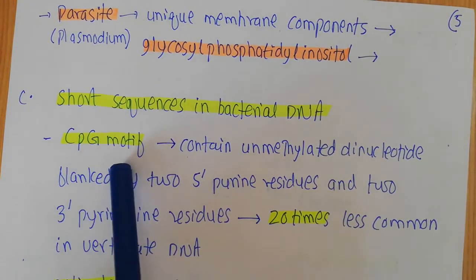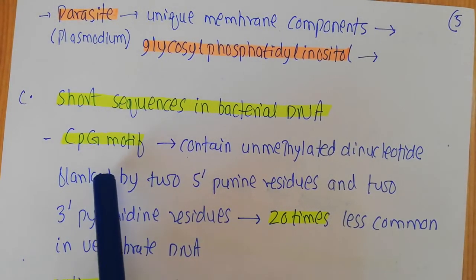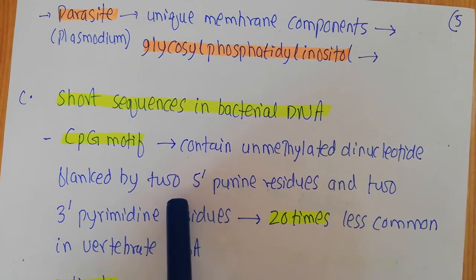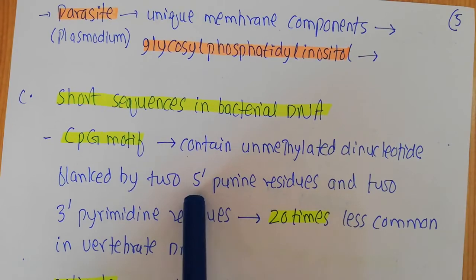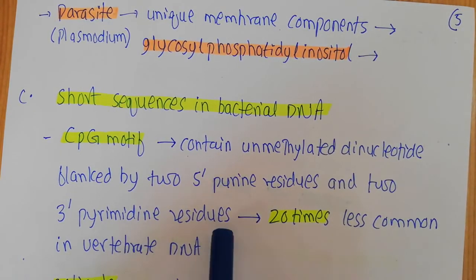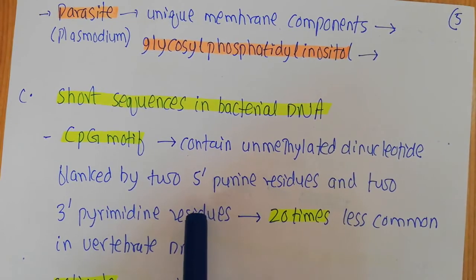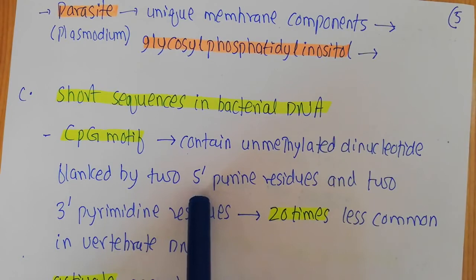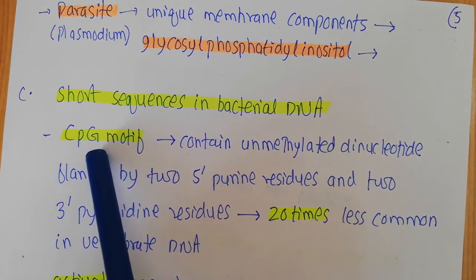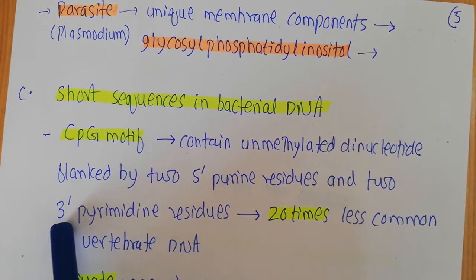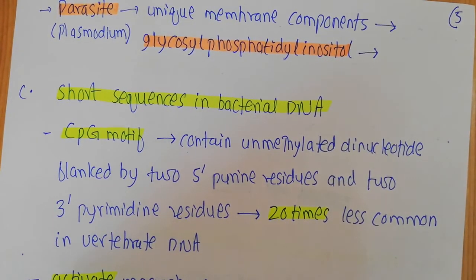This CpG motif contains these unmethylated dinucleotides, and they are flanked by two purine residues at its 5' end and two pyrimidine residues at its 3' end. So say for example, if this is the 5' end, you will be having two purine residues followed by the CpG motif, and that will be followed by two pyrimidine residues at its 3' region.